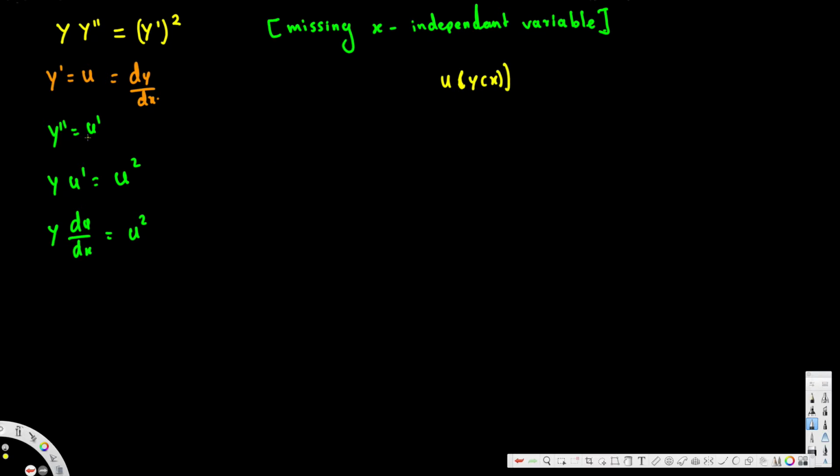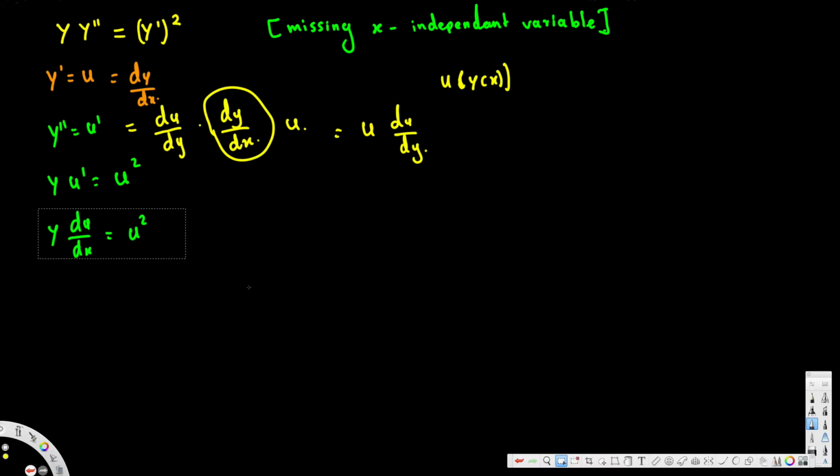If it's u prime, then that's equivalent to du by dy times dy by dx, and dy by dx is u, so we can write this as u du by dy. If we substitute this instead of y double prime, it will be easier for us to solve this problem.